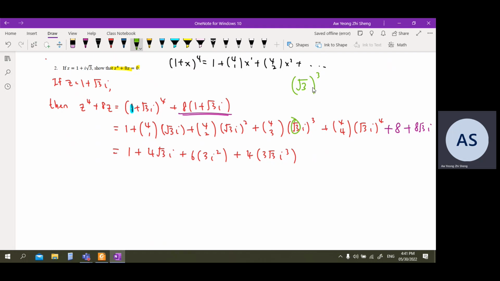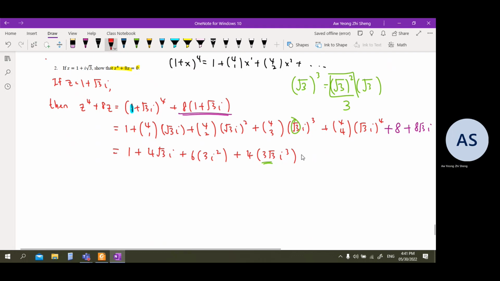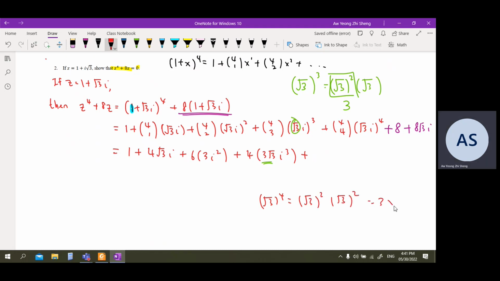So make sure you know how to expand this very quickly. Like root 3 power 3 can be interpreted as root 3 squared times root 3. And this root 3 with a power 2 is simply just a 3. That's how I get my 3 root 3 so quickly. 4c4 is just 1, and root 3 power 4 is root 3 to the 2, root 3 to the 2, which is just 3 times 3. So that should give you a 9.